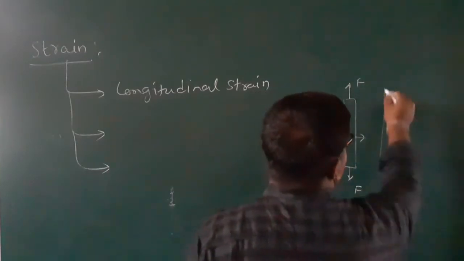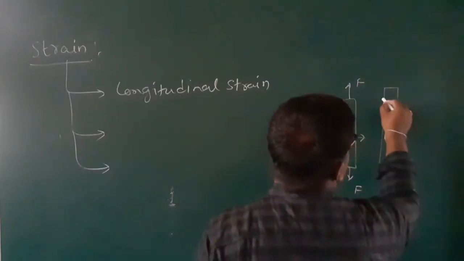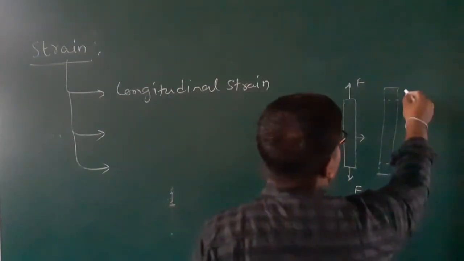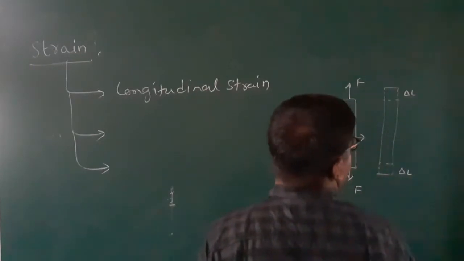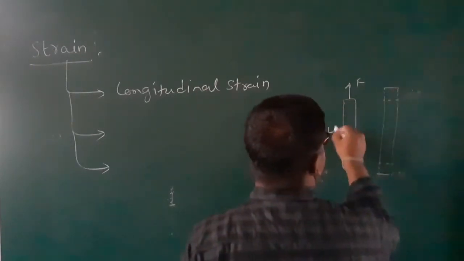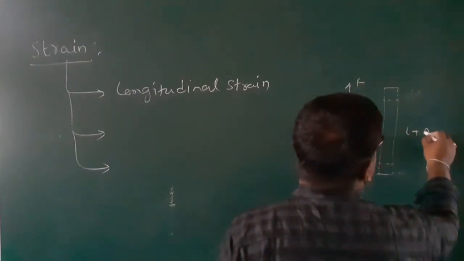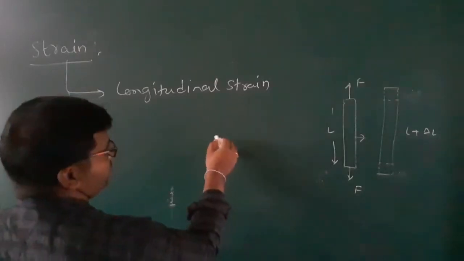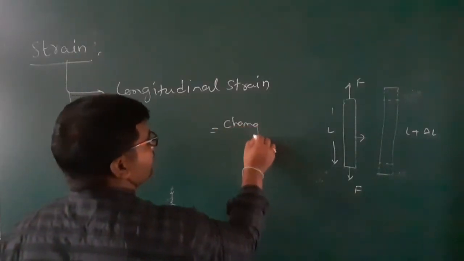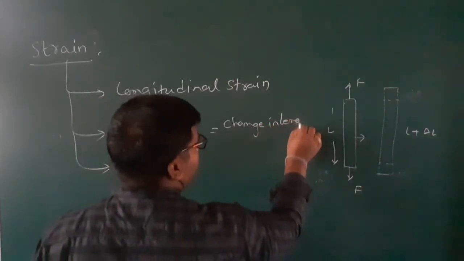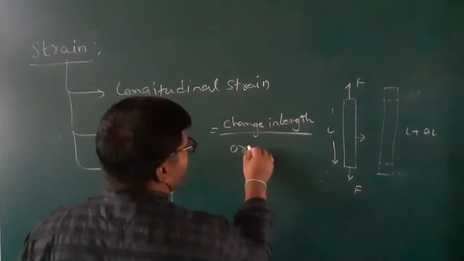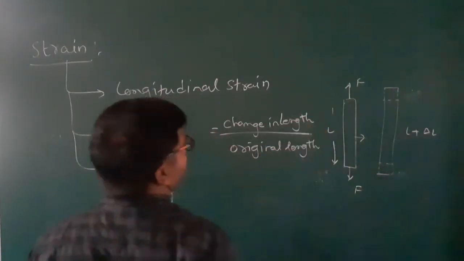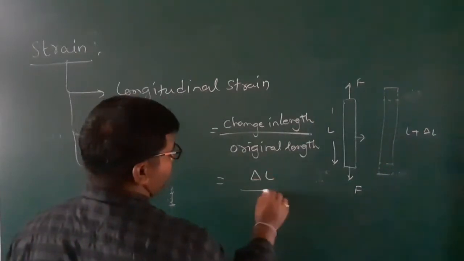Here the change in length is delta L, so the original length L becomes L plus delta L. Here we define the longitudinal strain as change in length divided by original length, delta L by original length L.